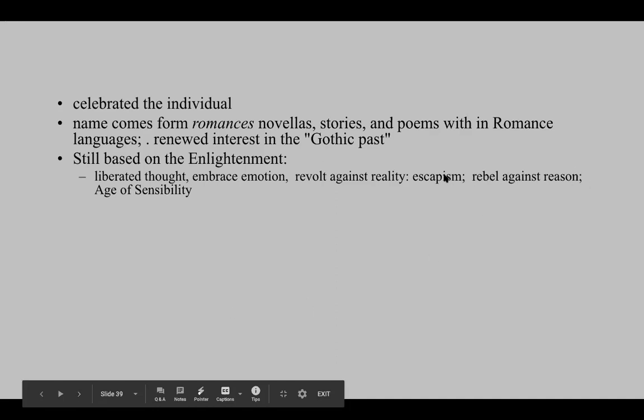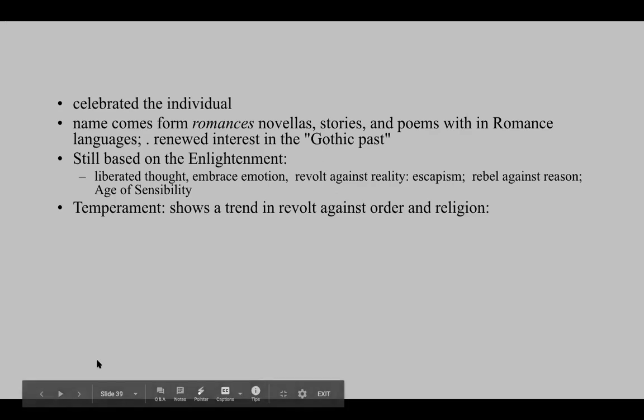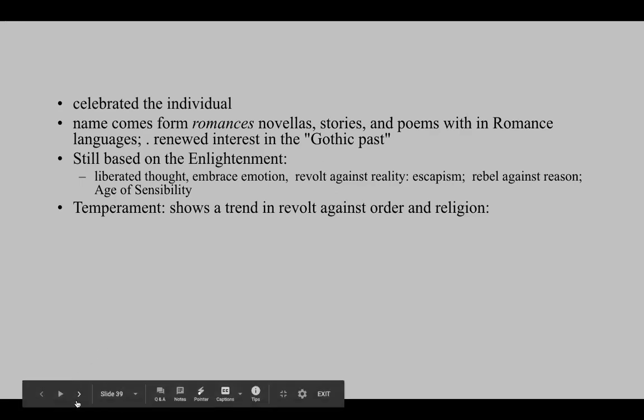Rebelling against reason, it's the age of sensibility. Temperament shows a trend in revolt against order and religion. They're really rebelling against the establishment. So established power, so monarchy, established religion, like the Catholic Church or even the Protestant Church at this point.